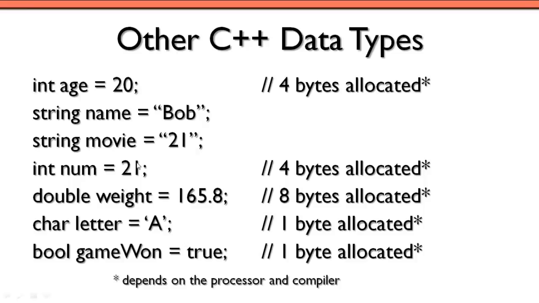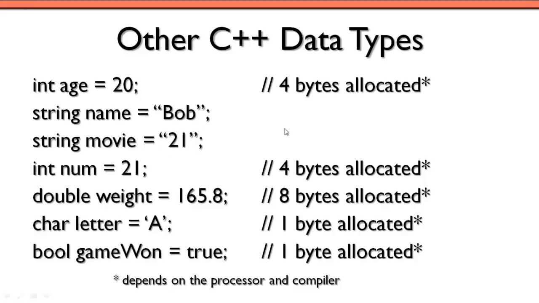With this variable called num, we can actually perform numeric calculations. So we could multiply num by some other value or divide it by some value. If we try to do the same sort of numeric operations with movie here, it wouldn't work because this is a string representation. So to us, these may look very similar, but in terms of the way this is represented behind the scenes and the type of operations we can do, they're very different animals.